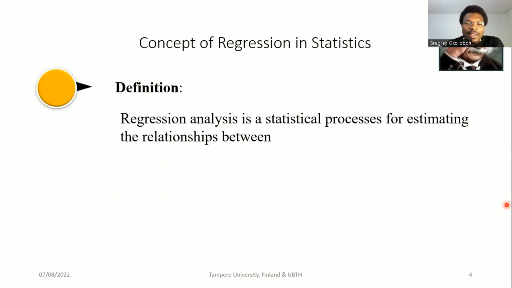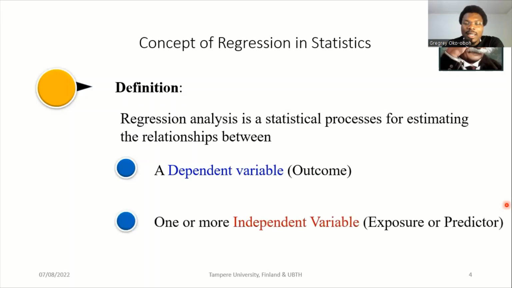We can define regression analysis as a statistical process for estimating the relationship between a dependent variable, otherwise known as the outcome, and the independent variable, also known as the exposure or the predictor.